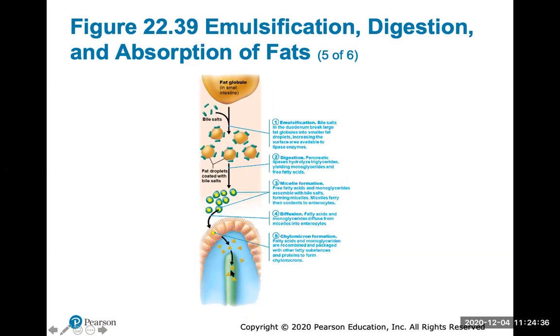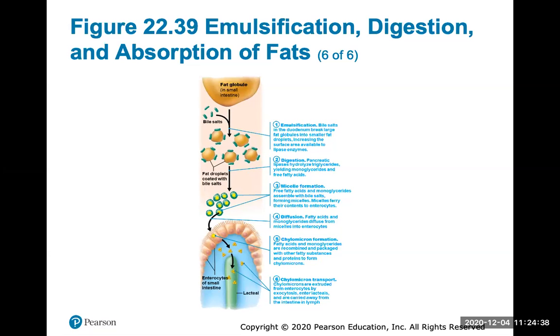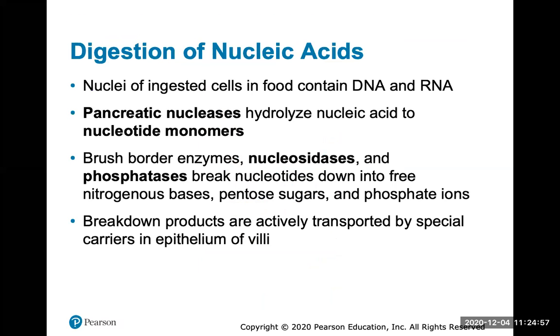So the important part here is we form these chylomicrons, and the chylomicrons are what will enter the lacteals and are carried away from the intestine in the lymph. So remember the villi have the lacteals within them, and the lacteals are what basically are absorbing the fats that you eat and taking them to the lymphatic system for absorption.